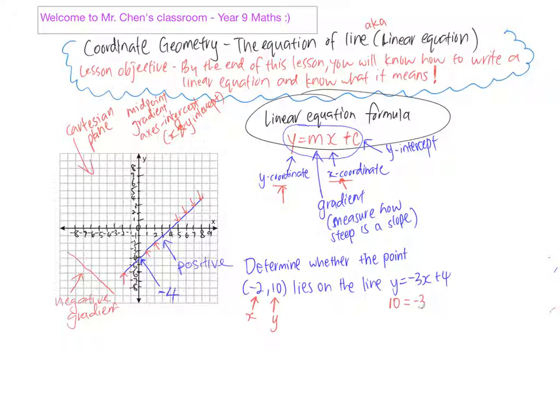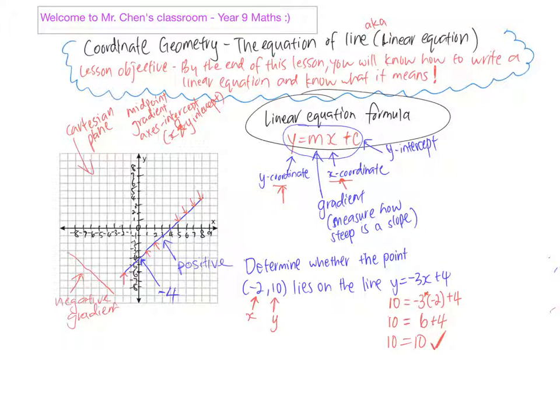negative 3 is still the same. X now becomes negative 2, and then plus 4. So 10 equal to, let me write it down, negative 3 times negative 2, which is 6, plus 4. So 10 equal to 6 plus 4 is 10. So 10 equal to 10.